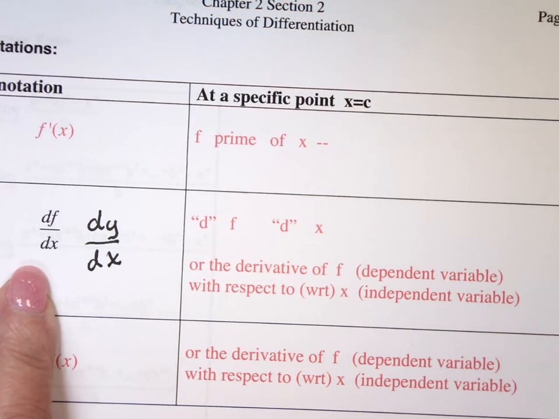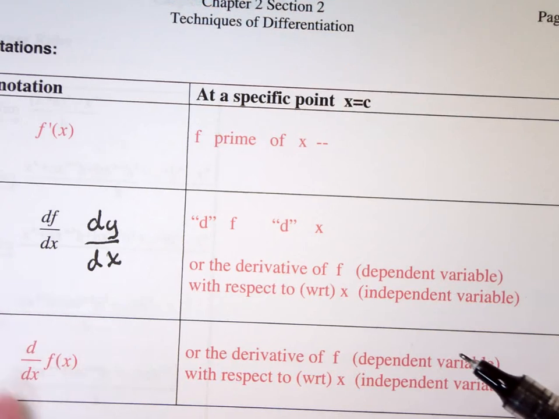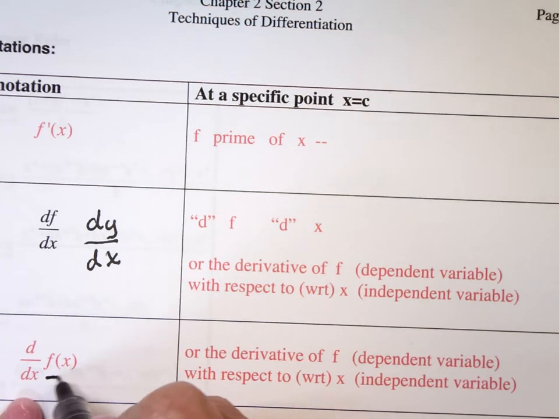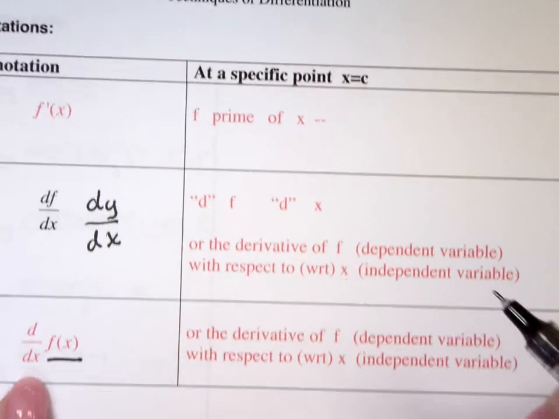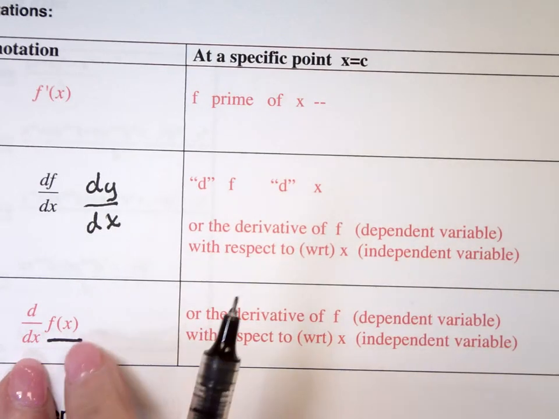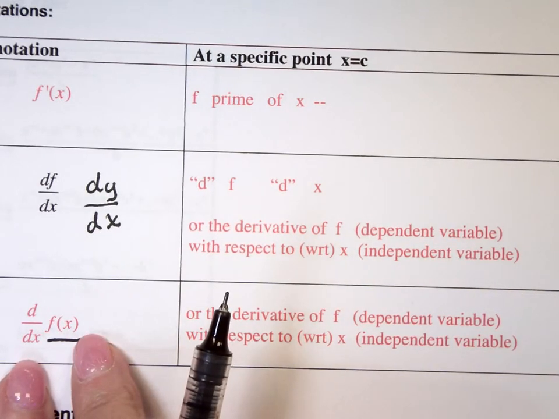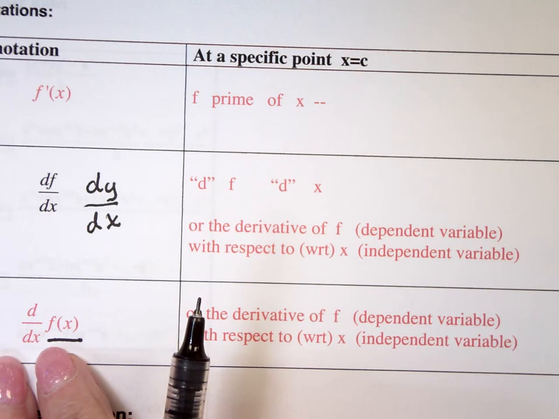If it's y equal, it's dy dx. If it's f of x, it's df dx. Or sometimes if we have the rule itself, as you're going to see, it's the derivative with respect to x of that rule. All the dx says that x is the variable. Dx means x is the variable.